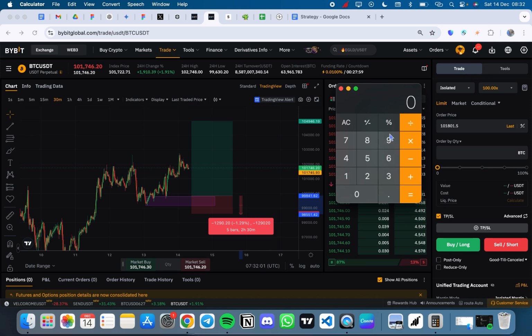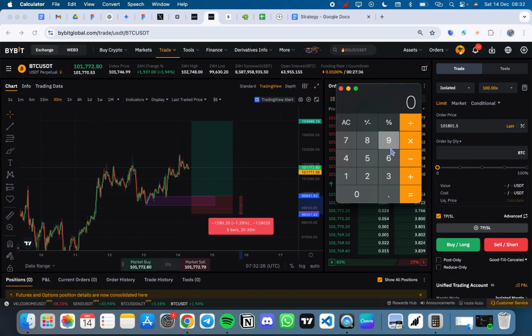So how do we confirm our liquidation price? The entry being 99,841, minus this entry price divided by 100. Let's divide this by 100 so that we'll know the value. That is 998.